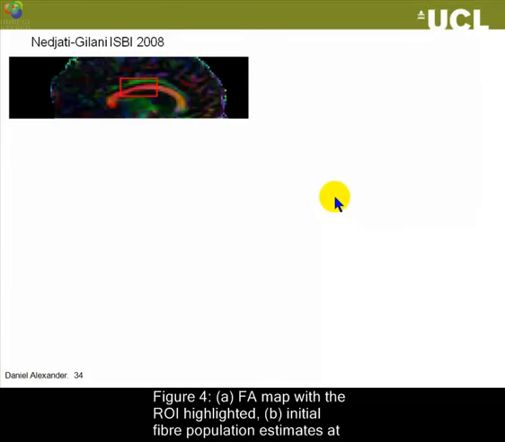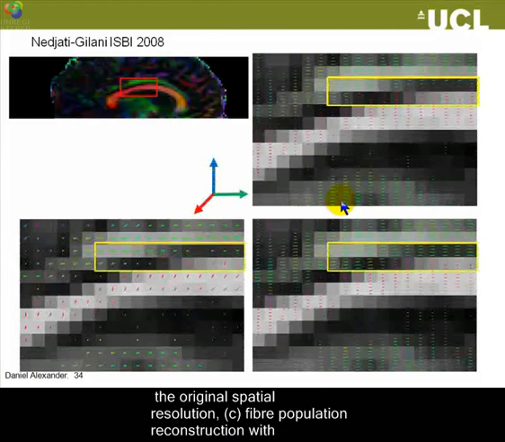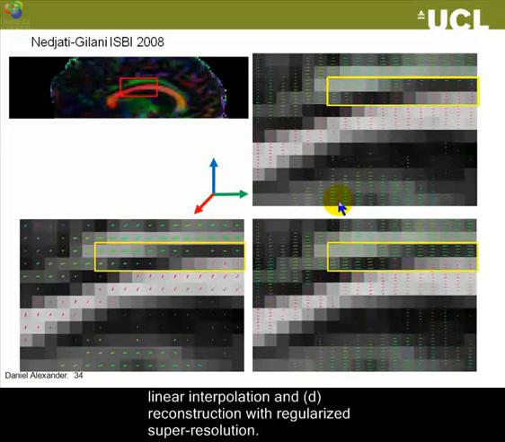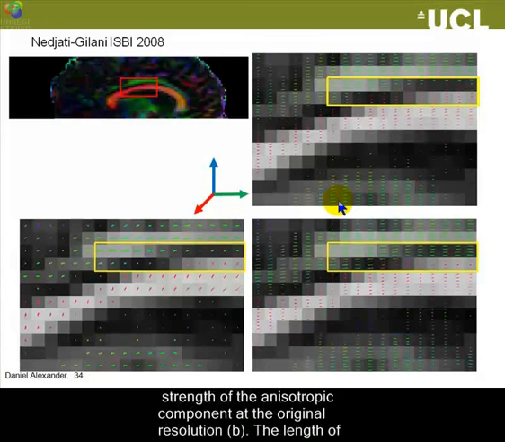So Sharon Najati-Galani again last year used a super resolution technique to try and resolve this kind of ambiguity. So the idea was to use a kind of multiple stick and ball model, a bit like Behrens' model, but to include some spatial separation of the different stick compartments by using the image neighborhood.